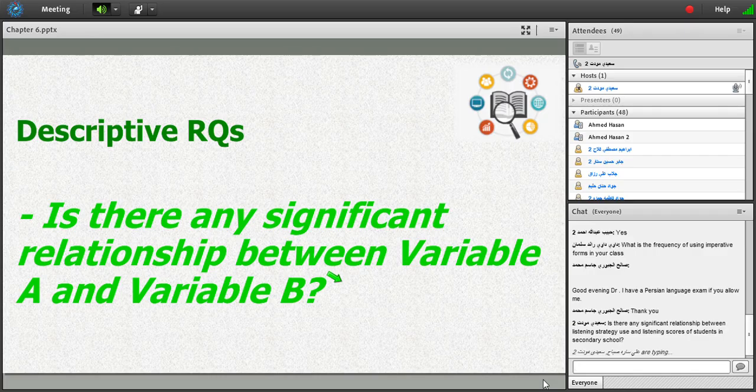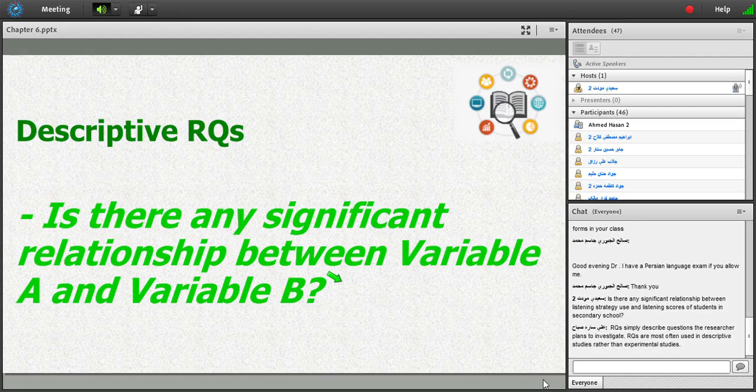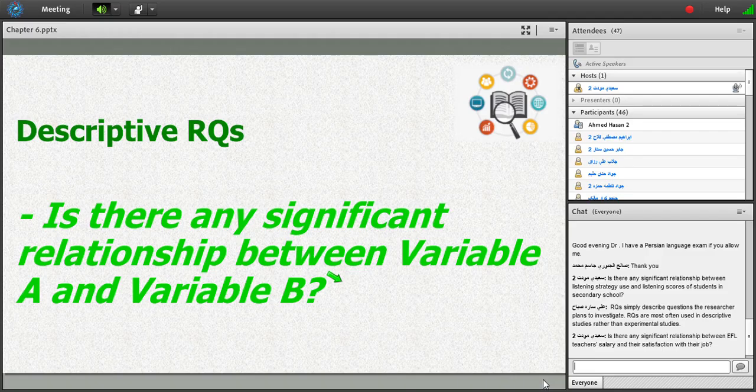Is there any significant relationship between EFL teachers' salary and their satisfaction with their job? So you expect that when the salary increases, the satisfaction with the job also increases. So this is our expectation. This is what we want to explore.